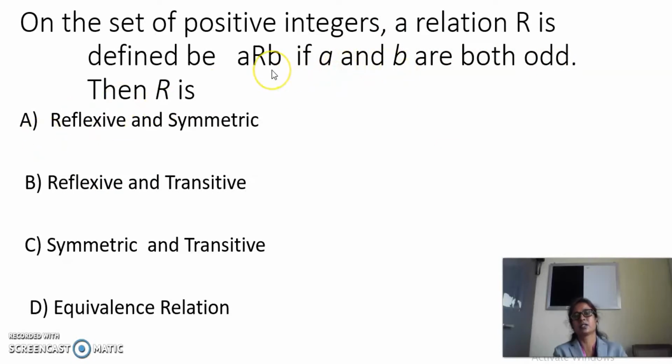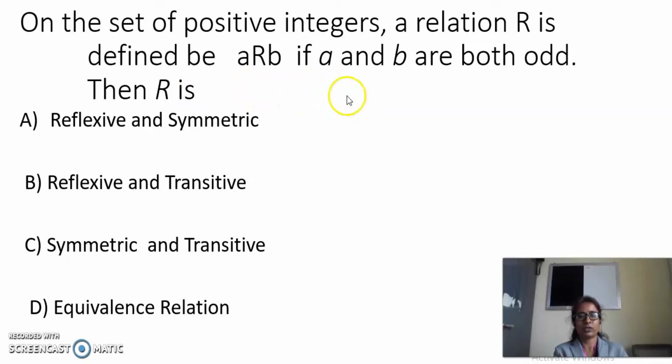Is it symmetric? So let us go for the generalization. If A comma B is in R, what does the symmetric relation say? For every ordered pair of the form AB in R, BA must be in R. AB is present in R means A and B both are odd. If A and B are odd, obviously B and A are odd. So the relation is symmetric. Is it transitive? What is the definition?